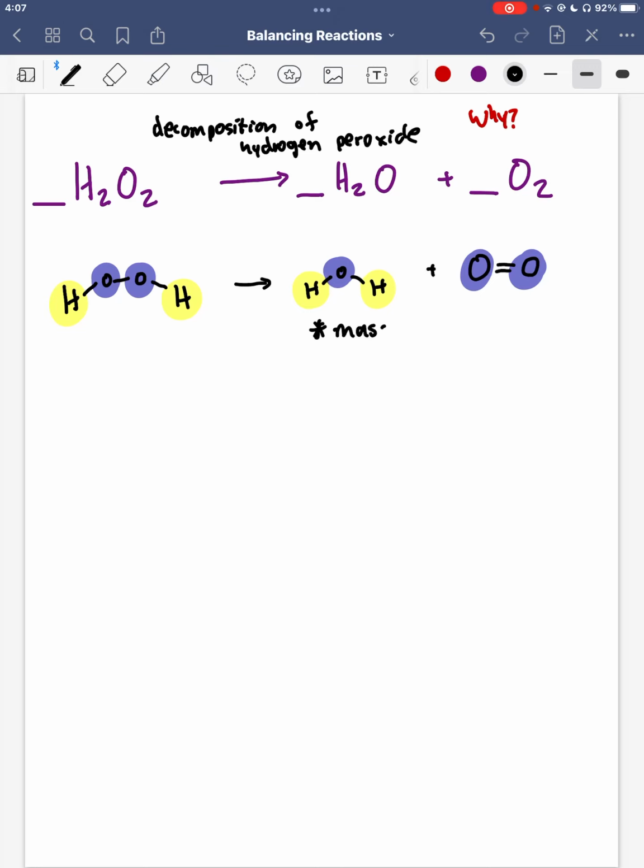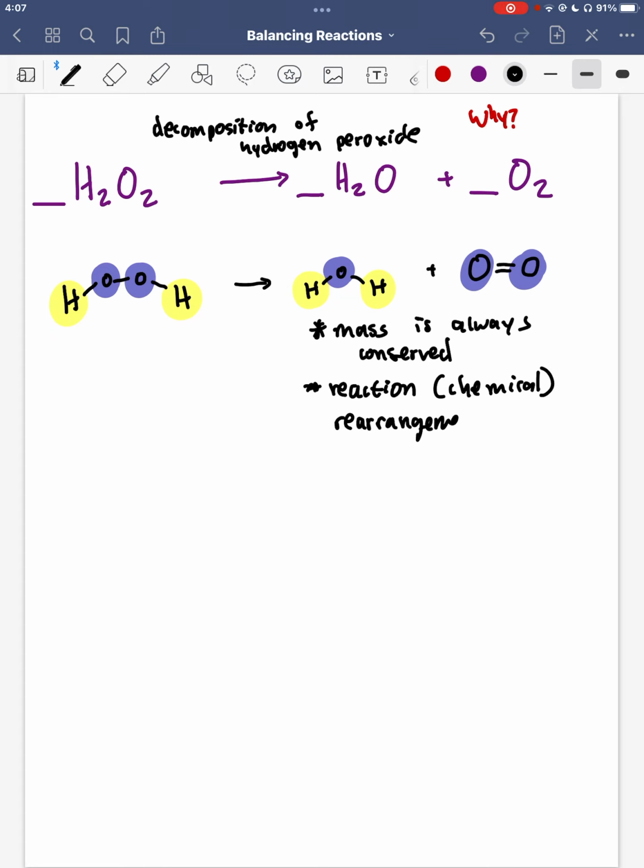We've learned in class that mass is always conserved. We've also learned in class that a reaction, a chemical reaction or chemical change, is simply a rearrangement of atoms with new chemical bonds.